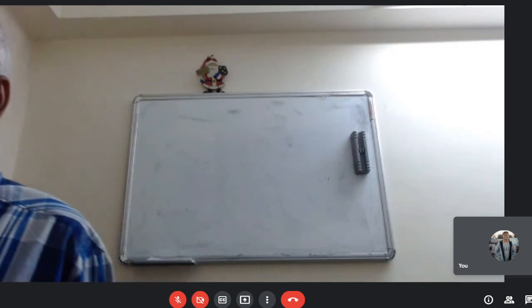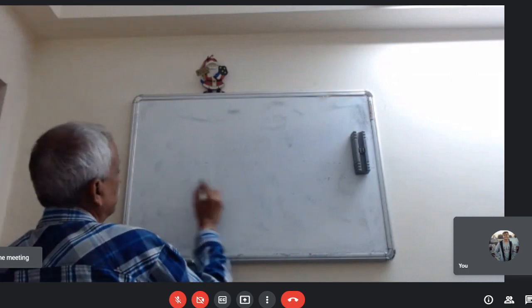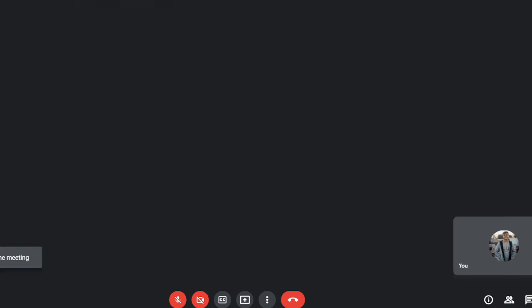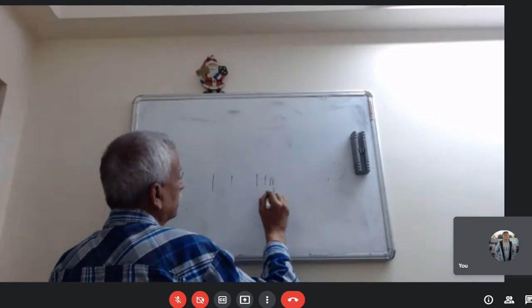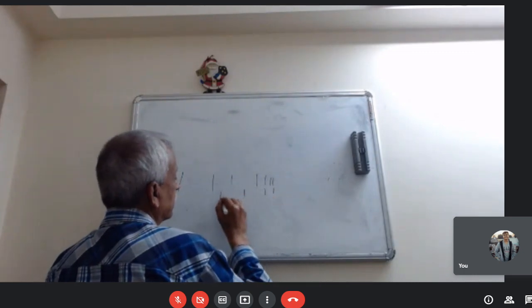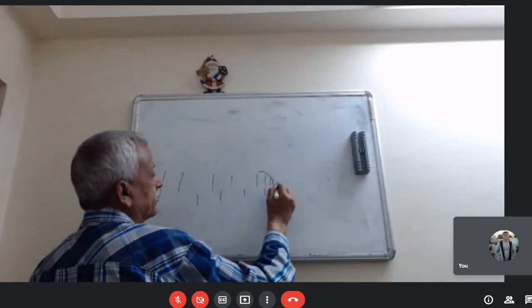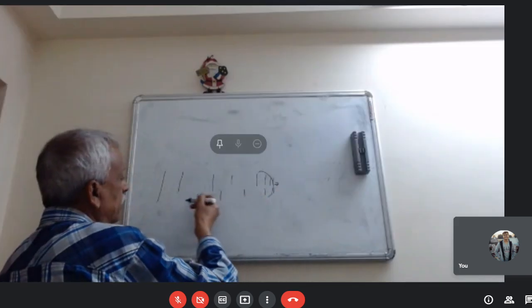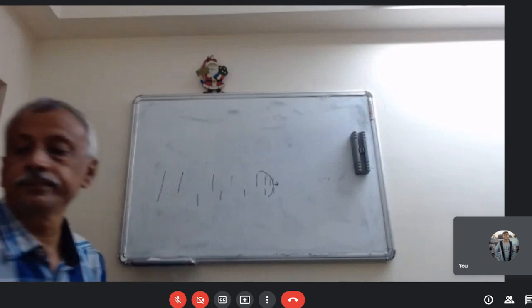So what you see, you get like this. Here, as J increases, the gaps will increase. Here the gaps will decrease, and then ultimately it will go in the other direction. These R branch lines with increasing gaps. So this is the point where your band head is getting formed. This is your R branch, this is P branch, but you can see now R branch lines will come towards the P branch lines.